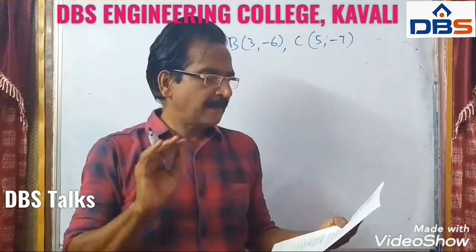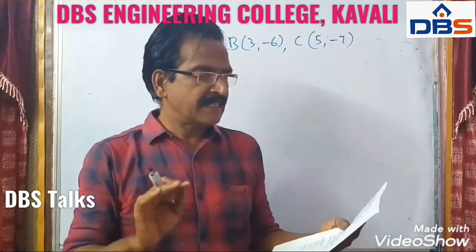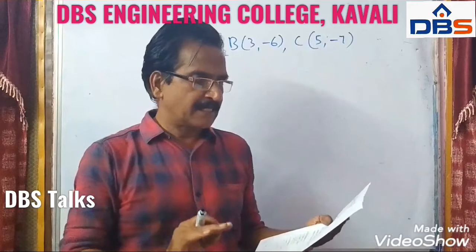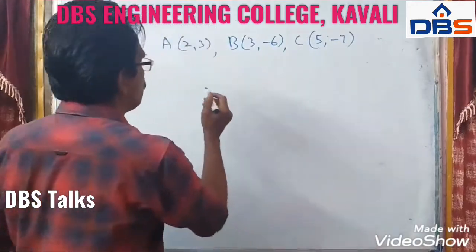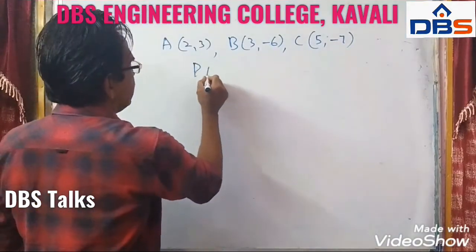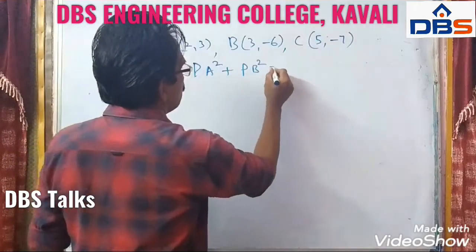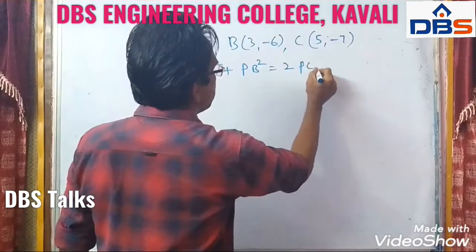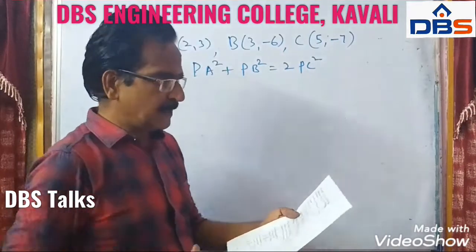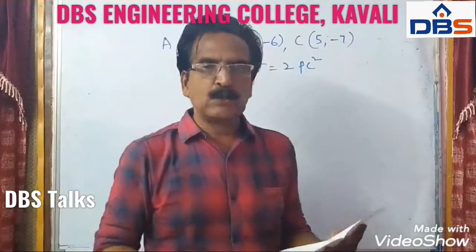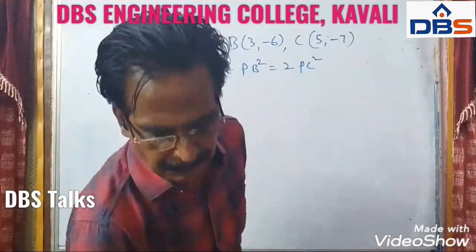If P is a point satisfying the condition PA square plus PB square is equal to 2 into PC square, then find a point that lies on the locus of P.